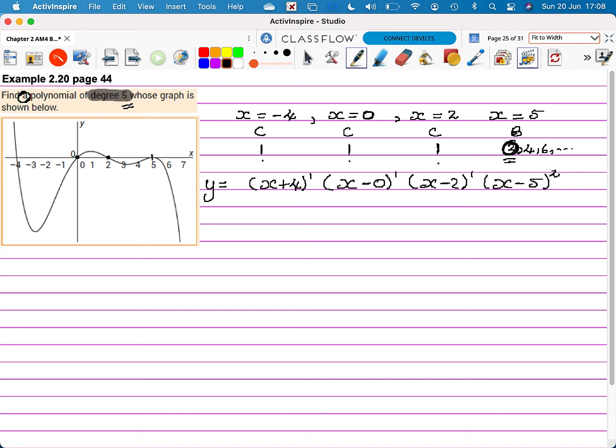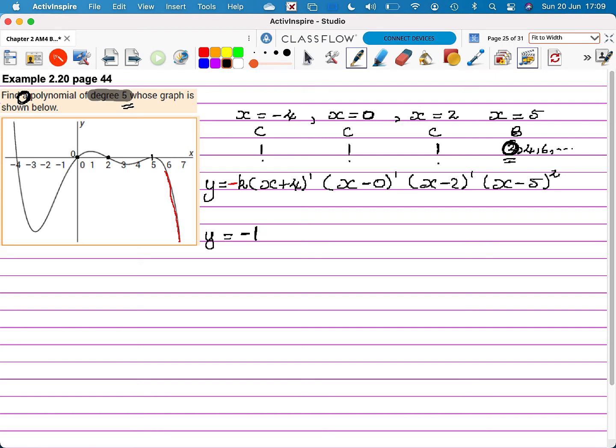So you could put a k there if you want, it's up to you. Looking for a polynomial. It is decreasing at the end, so we know that's going to be a negative. We're not interested in finding the value of k because the question said find a polynomial. So therefore we can choose the value of k just to be equal to 1.